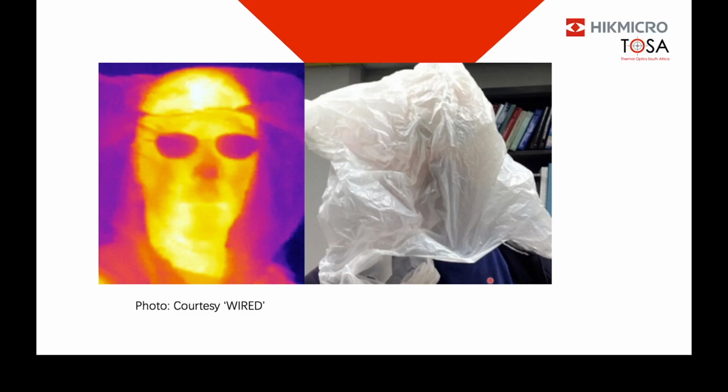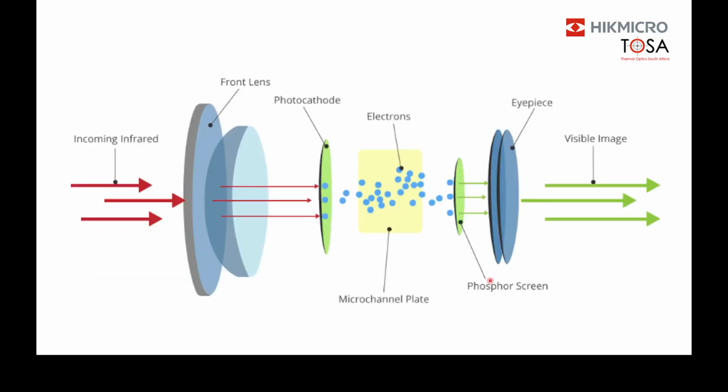Now, incidentally, this person is also wearing glasses. See how the heat behind his glasses is not visible, exactly like I've shown with the glass. The heat from his head, so to speak, is not transmitted through glass. One of the phenomena regarding infrared radiation. Right, so how does it work?